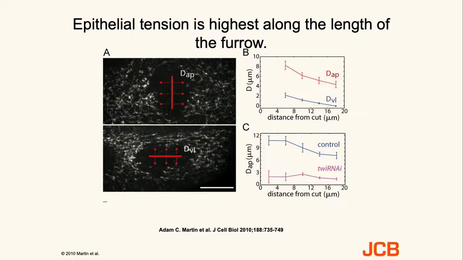You can look at whether really the force is in the horizontal axis by doing ablation experiments, where one is now ablating either in the vertical or the horizontal axis. If I ablate in the vertical axis, I am breaking the force in the horizontal axis. If I ablate in the horizontal axis, I am breaking the force in the vertical axis. And the amount of displacement of the tissue tells you how much tension it is in and what is the direction of the tension.